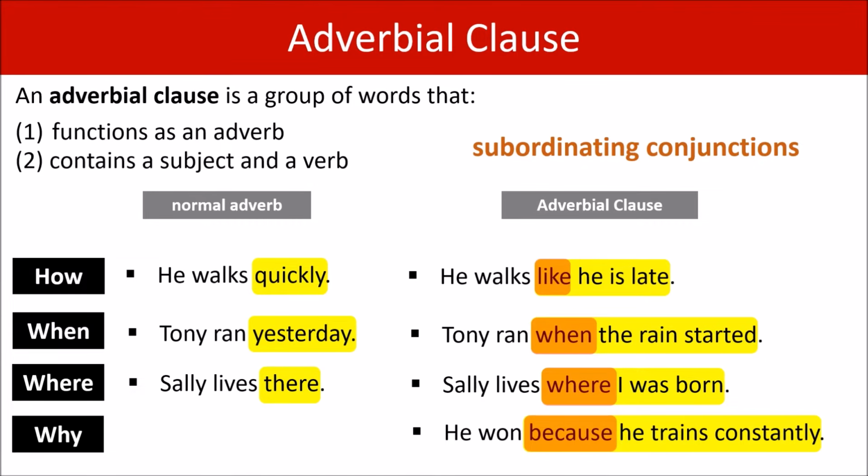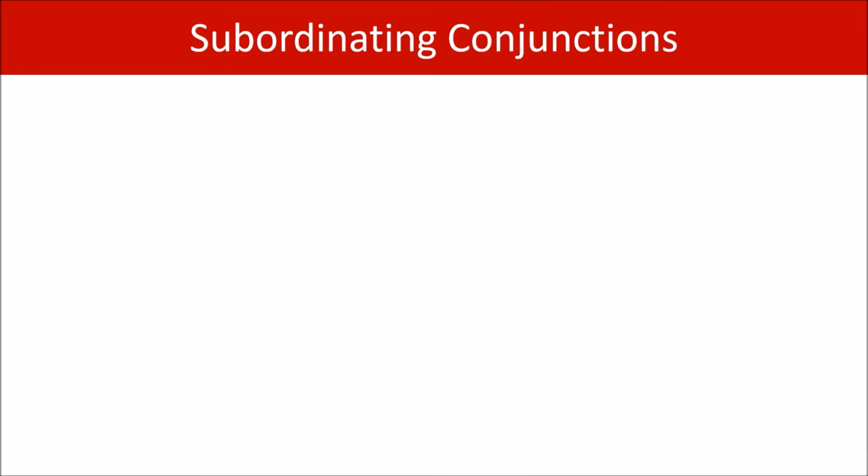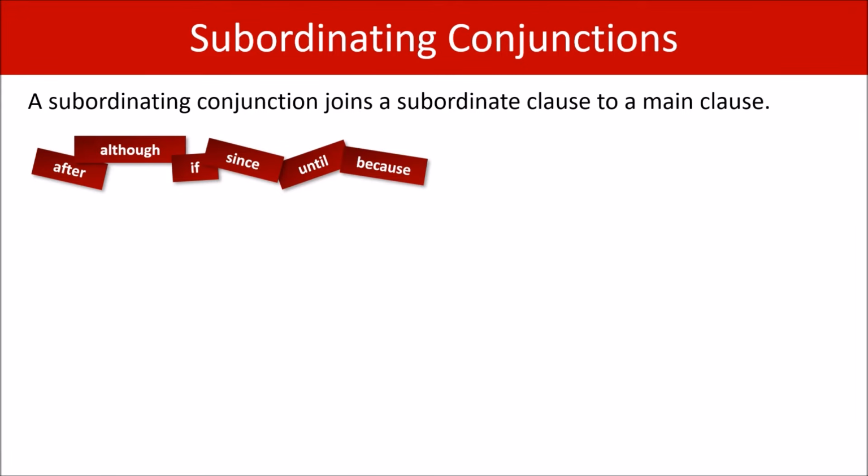Let's just dive off and talk about subordinating conjunctions for a while. Here's a definition. A subordinating conjunction joins a subordinate clause to a main clause. Okay, here are some examples of subordinating conjunctions. These are the main ones, but there are lots more. And we have a whole lesson dedicated to subordinating conjunctions.